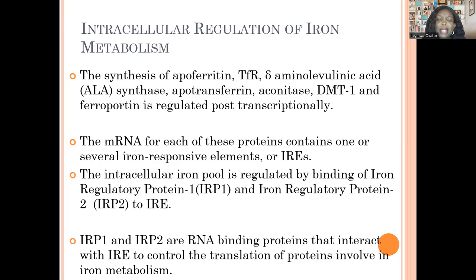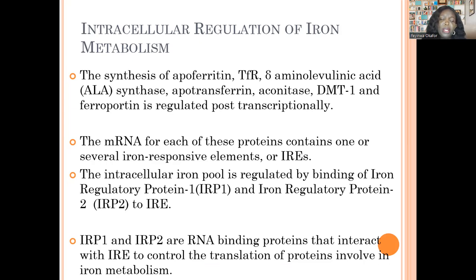And that the messenger RNA for each of these proteins contains one or several iron-responsive elements. That the intracellular iron pool is regulated by binding of iron regulatory proteins 1 and 2 to iron-responsive elements.